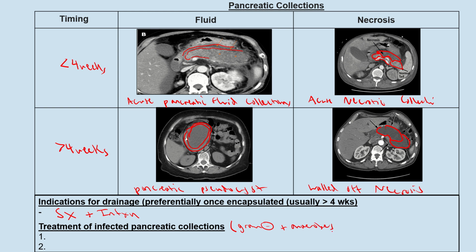So the options really here, if you don't want pseudomonal coverage, are ceftriaxone and metronidazole. Remember, ceftriaxone doesn't cover anaerobes, and metronidazole does. But mostly because there is good pancreatic penetration, one of the meds that you use would be meropenem, or another one that you can consider using would be Zosyn.